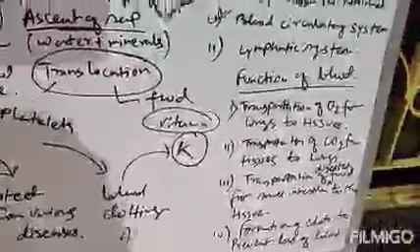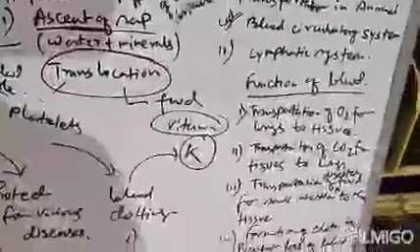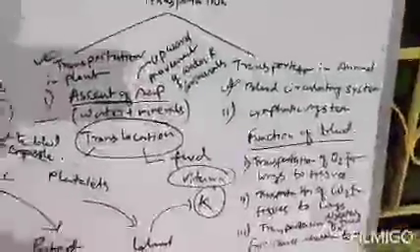There is one more function. In the case of the excretory system, there is excretory material, and it also gets transported to kidneys. Our excretory material, that is waste material, also gets transported from tissue to the kidneys.